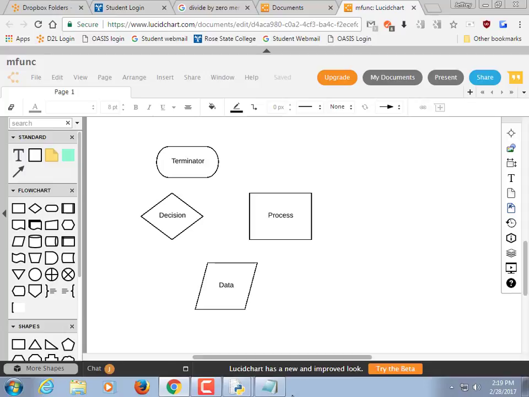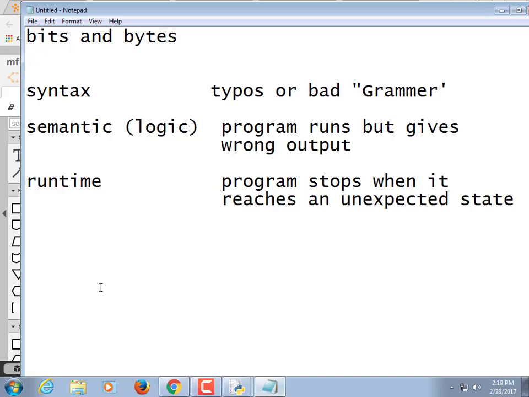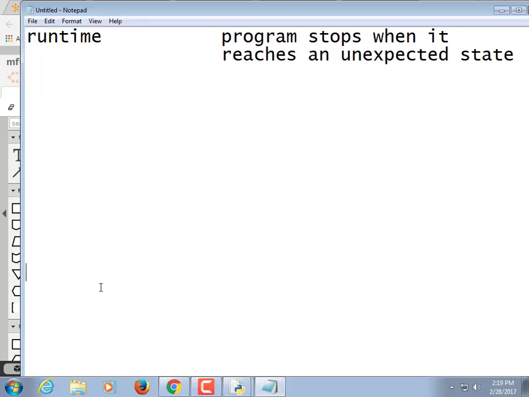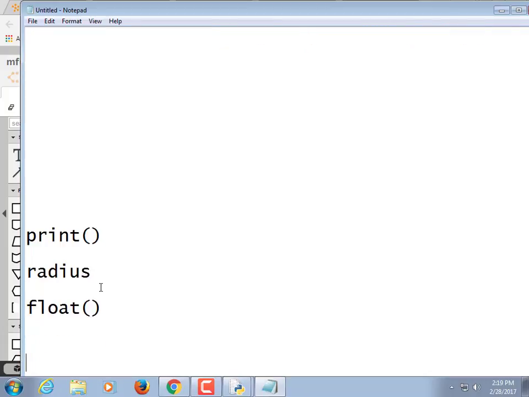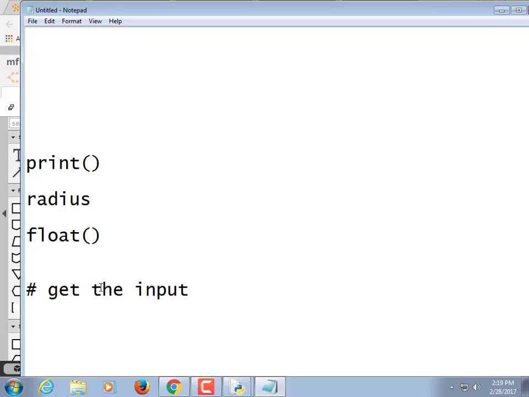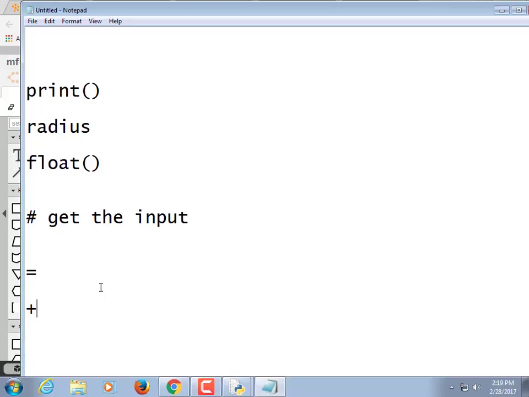All right. If you have things like this: print, radius, float, get the input, and equal sign, and the plus sign.